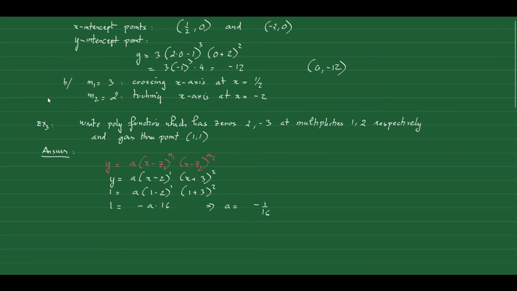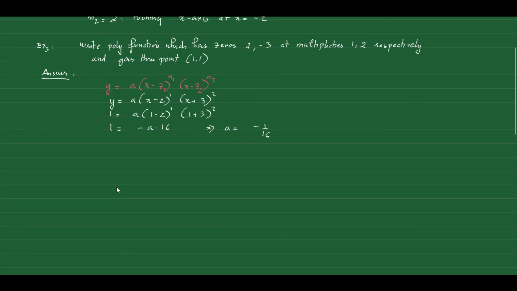There you go. And from there we're going to have a polynomial function f of x equal to a, which is negative 1 over 16, times x minus 2. You have to keep x. The degree 1, so you can go ahead and throw it away. Times x plus 3 squared. There you go.